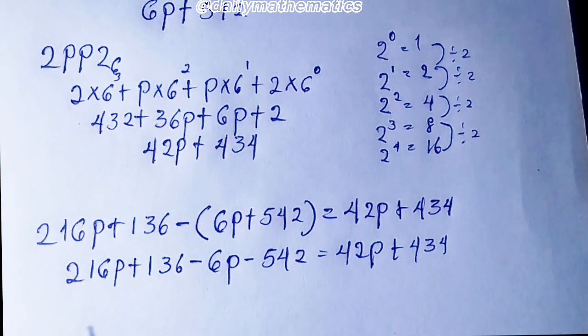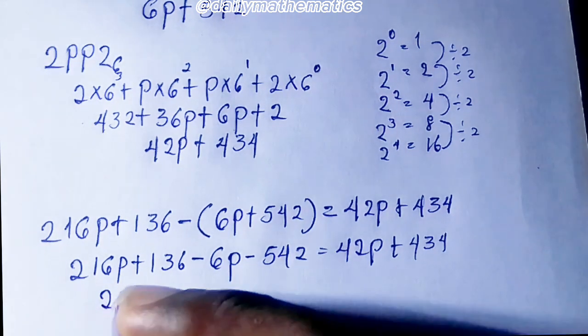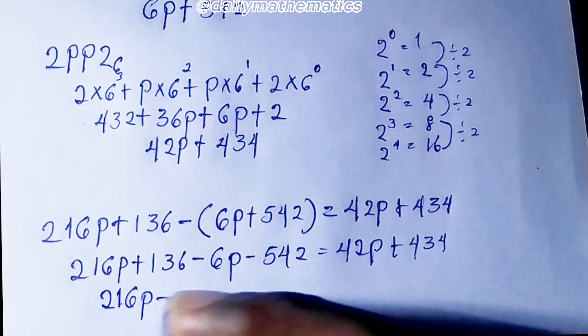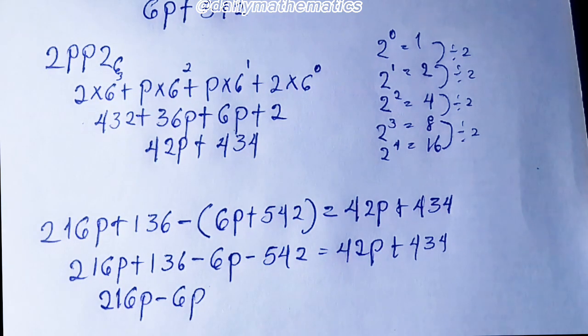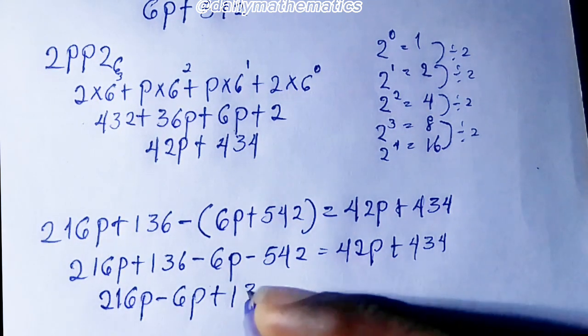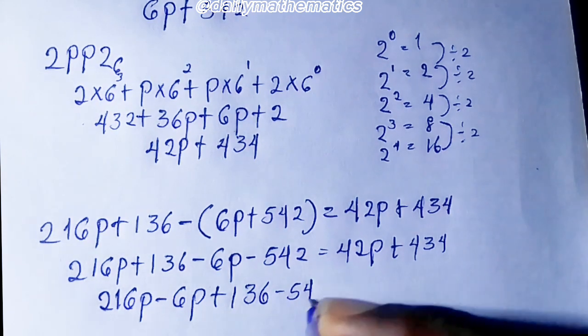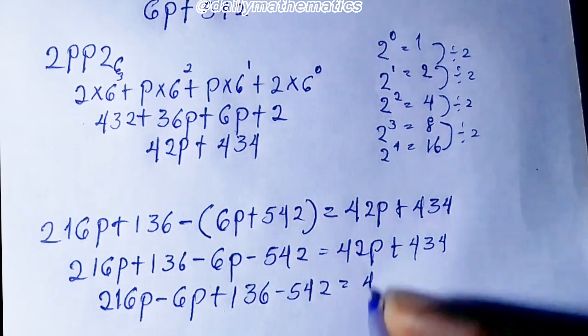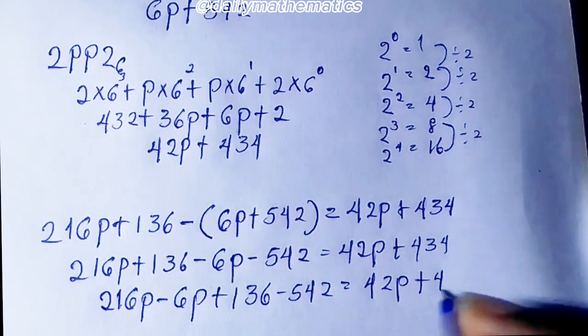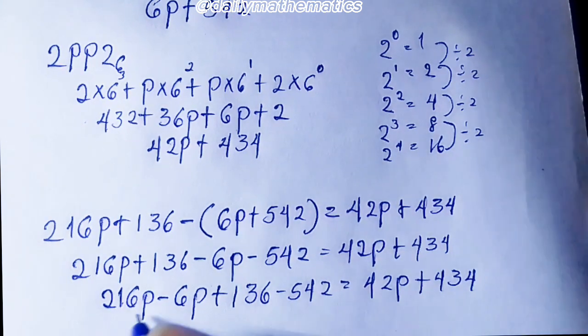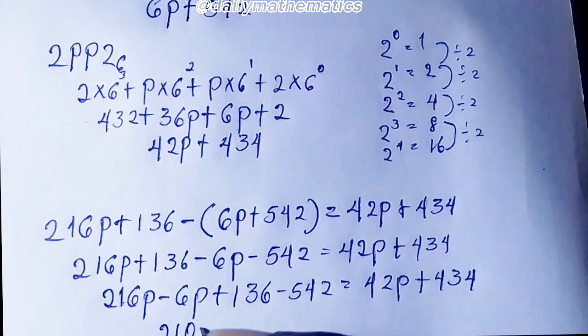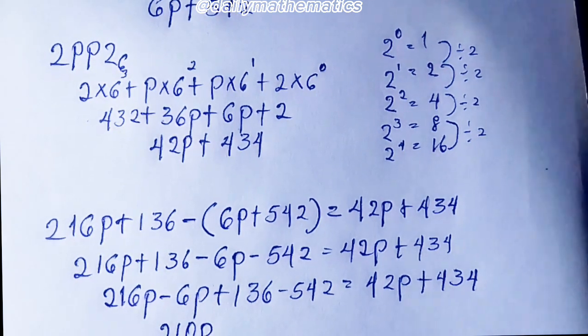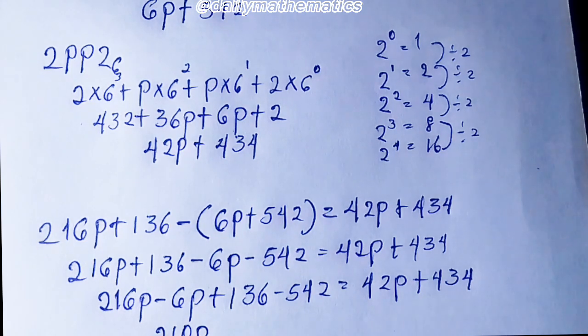So you can see 216p minus 6p, plus 136 minus 542, equals 42p plus 434. So this minus this gives us 210p, plus 136 minus 542 will give us minus 406.